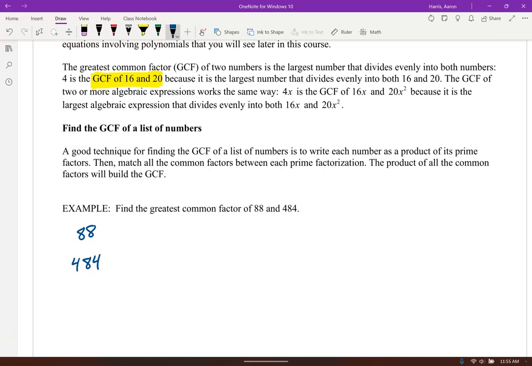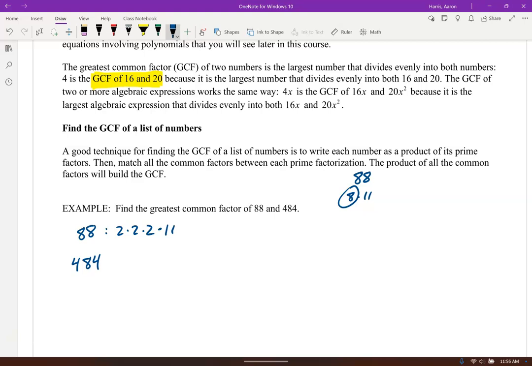So there's a good way to do that. What you do is you factor it into a product of all its prime numbers. So for example, 88: factors of 88 are 8 and 11, right? But 8 I can go further with. 8 is 2 times 2 times 2. 11 is prime. I can't go any further than that.